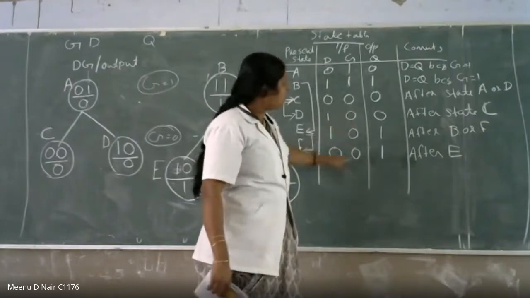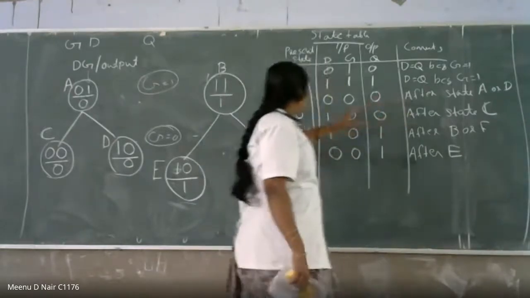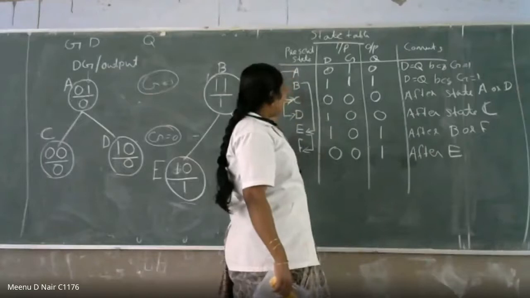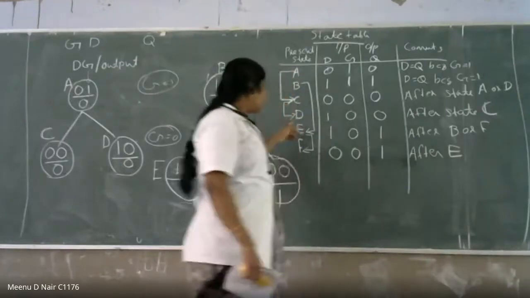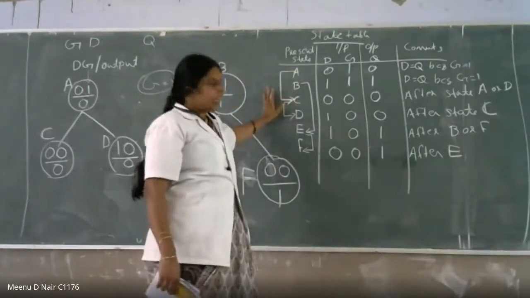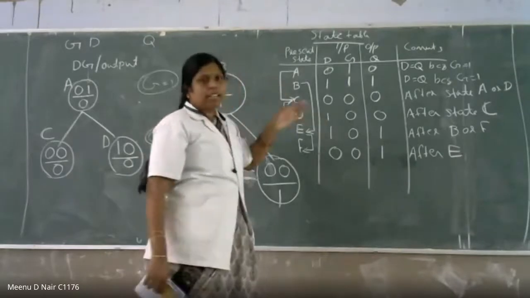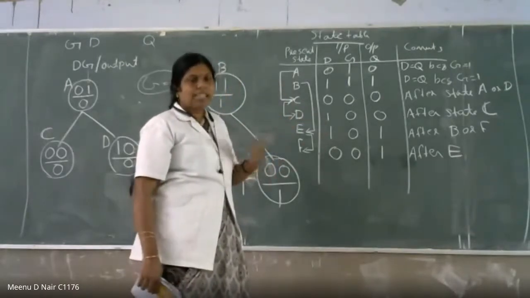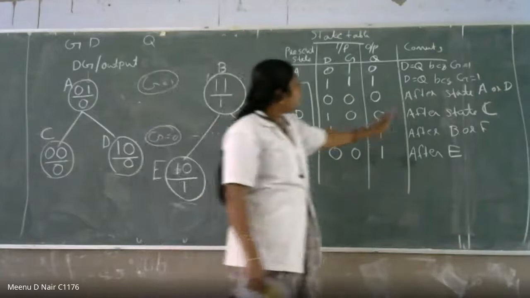We are just mentioning that C comes after A and D comes after C. Wherever you connect a state with the previous state or other states, that is what we mention in the comment box.